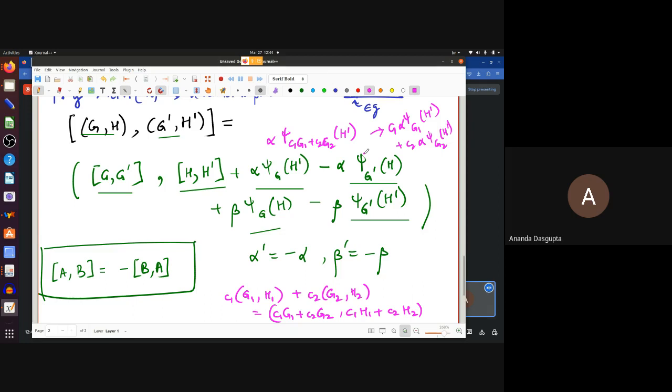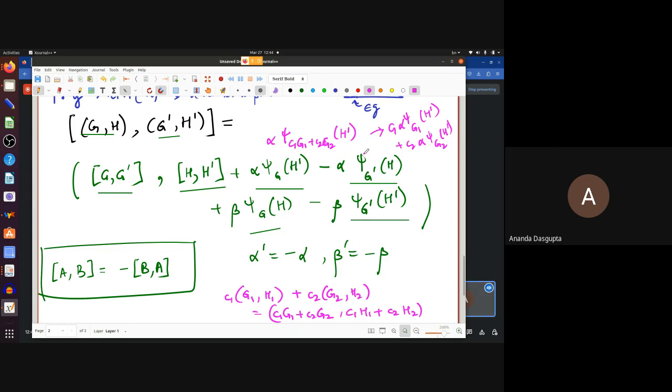Remember, we already made some statements of what kind of map psi needs to be. Psi is a homomorphism. It's a Lie algebra homomorphism, right? Yes. But being a Lie algebra homomorphism means it has to be a vector space homomorphism because it's a vector space in the first place, and it should respect both the vector space linear combination property and the Lie bracket property.